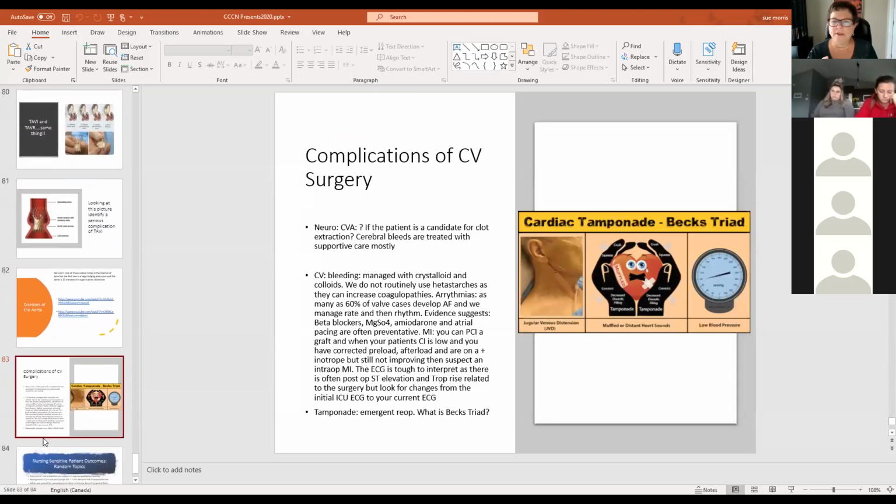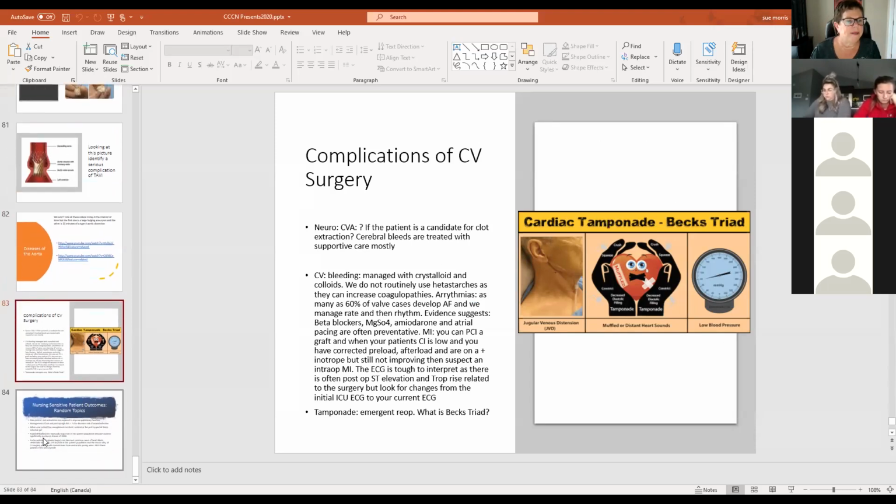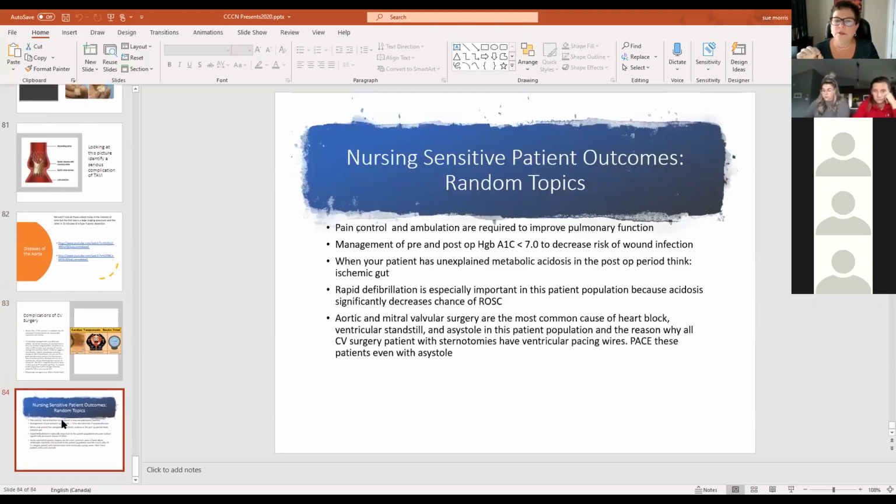But pay a little bit of attention to the complications of cardiac surgery. I remember a specific question about Beck's triad. But what I want you to look at are the nursing sensitive patient outcomes related to surgery. These are just some random things.